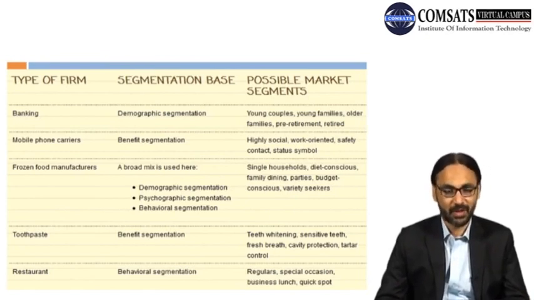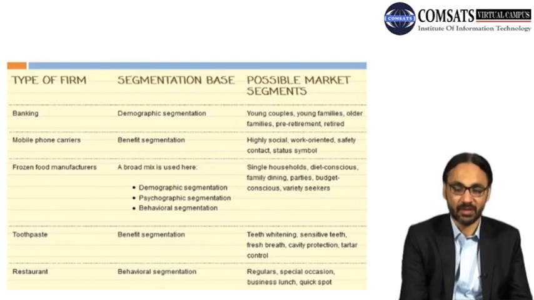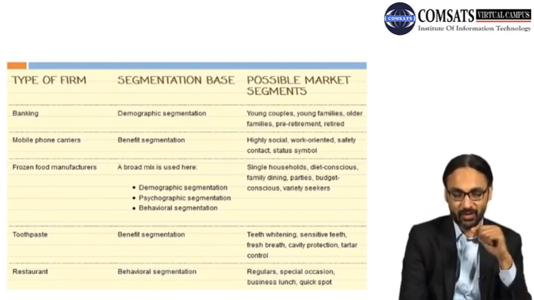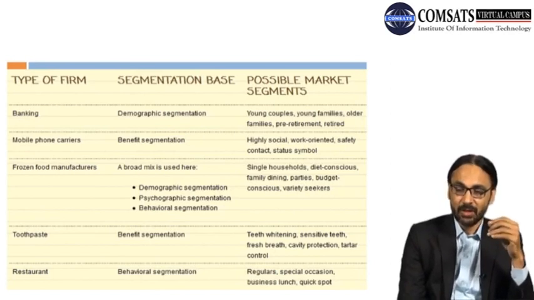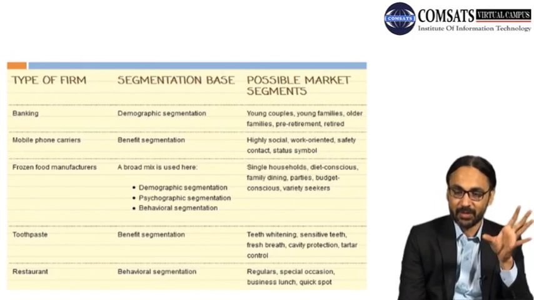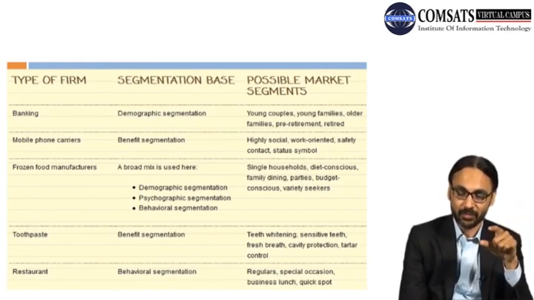Okay, these are typical examples of types of firms, segmentation bases and possible market segments. The first is the banking firm, and the segmentation base is demographic segmentation. This is the most typical segmentation base that we see. Possible market segments: young couples, young families, older families, pre-retirement and retired.